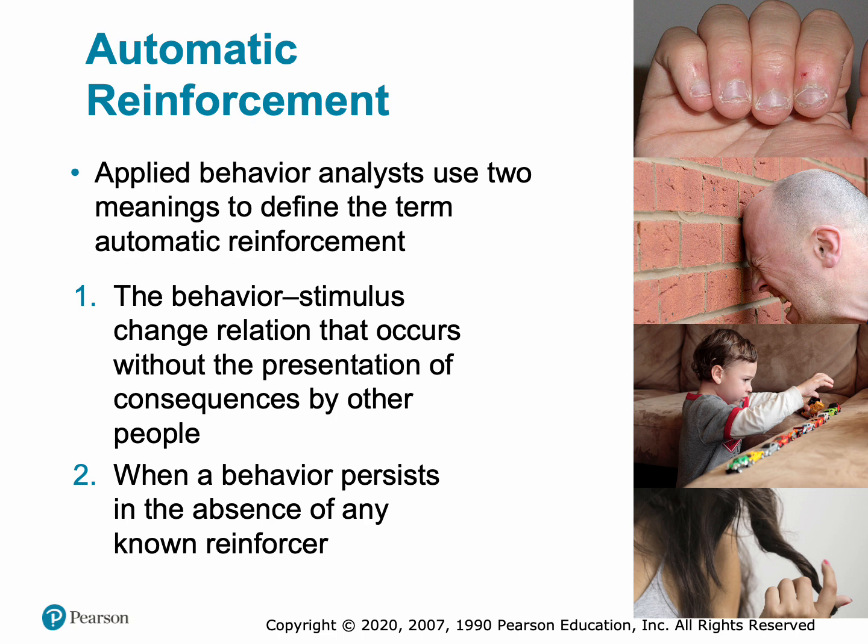So although a behavior is automatically maintained, we can sometimes pinpoint the exact source of reinforcement. This is important when we want to manage or reduce an automatically maintained behavior. There are behaviors that, like I mentioned, are harmless, where we wouldn't want to intervene.